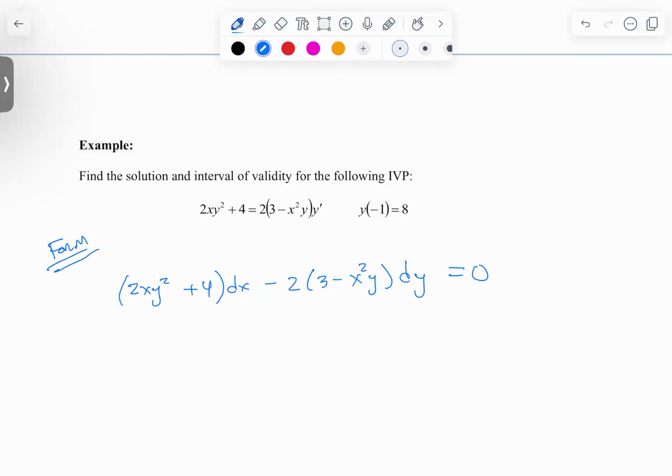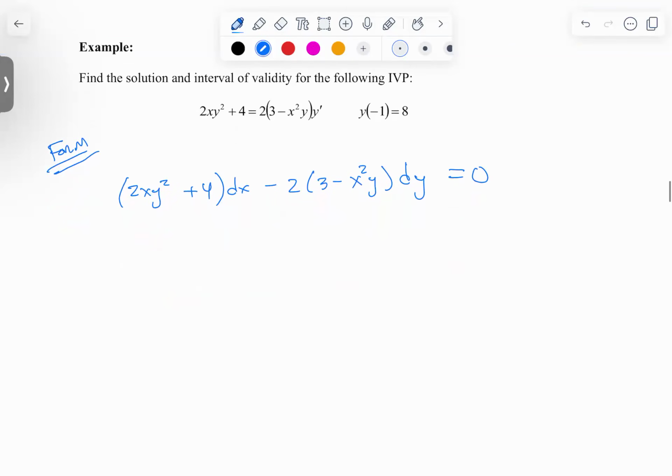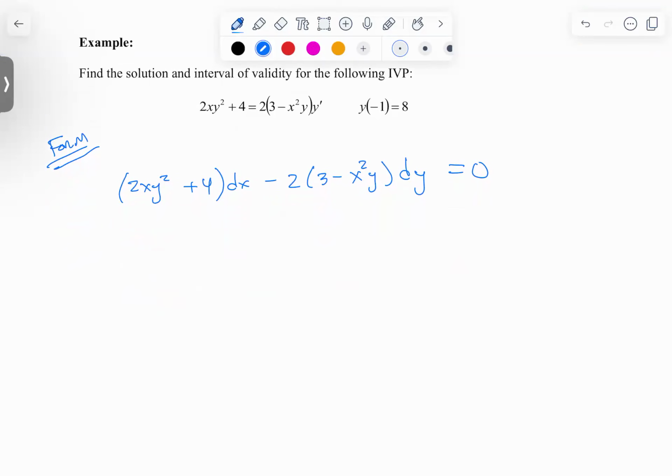Form is everything. Once I'm there, once again, M equals 2xy squared plus 4, and N, I better bring that through, is negative x squared y minus 6.